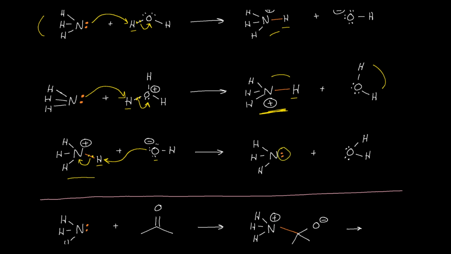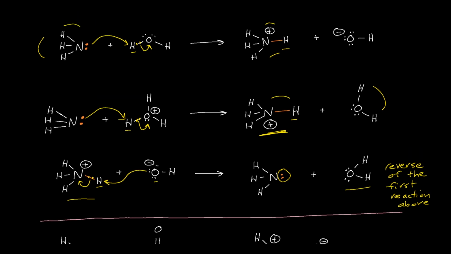That's where those electrons end up. The hydroxide ion has picked up a hydrogen and is now neutral water. So basically, this is the reverse of the first reaction above. Notice, it's like the exact same reaction going backward.